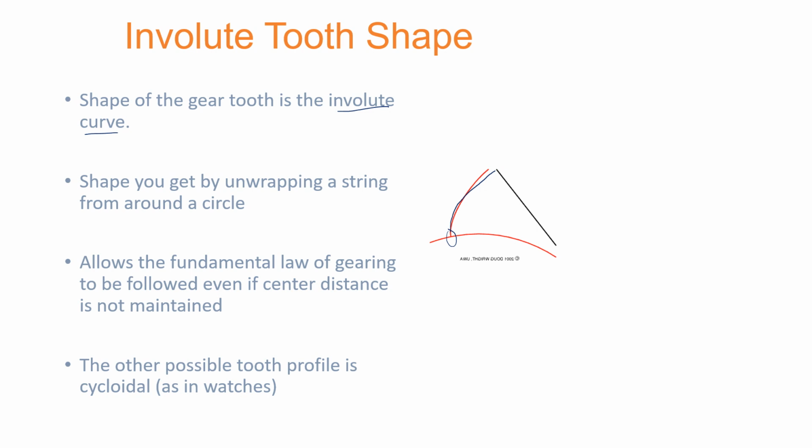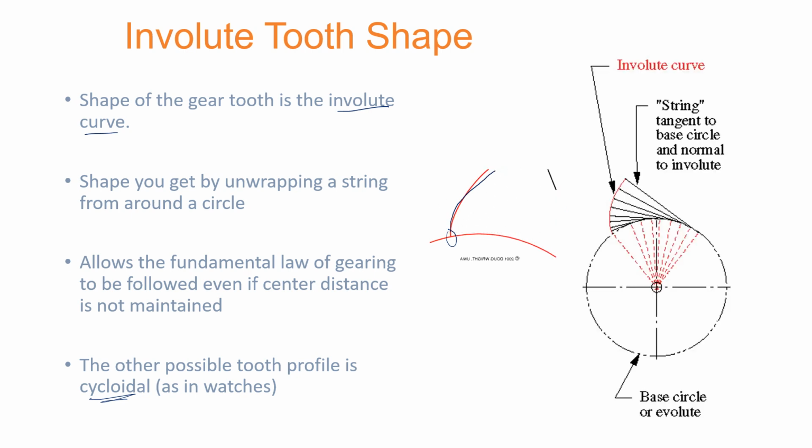So the shape is going to be achieved by unwrapping the string from around the cylinder, and it is going to allow you to fulfill the condition of the fundamental law of gearing. Now, there are other possibilities as well. For example, you may have cycloidal profiles as well, but that is not in the scope of this course, so I'm not going to discuss it over here, but there is always a possibility to have that profile taken as well.